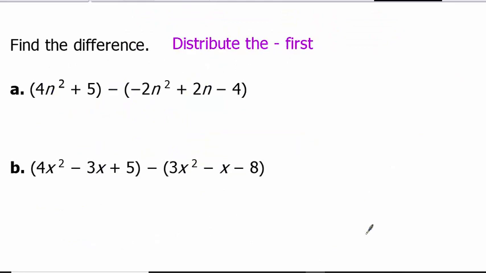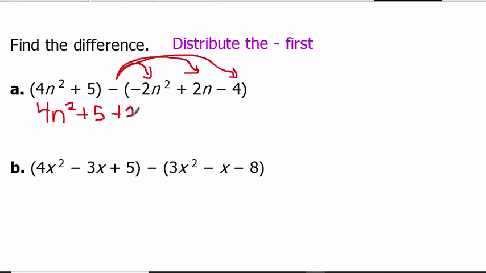Now in subtraction, the very first thing we have to do is distribute the negative sign. So this negative sign needs to be distributed to all three of these. It's not getting distributed to the first term, so in the first term, I'm just going to rewrite the first term, second term, and now when I distribute, negative times negative is positive, 2n squared.